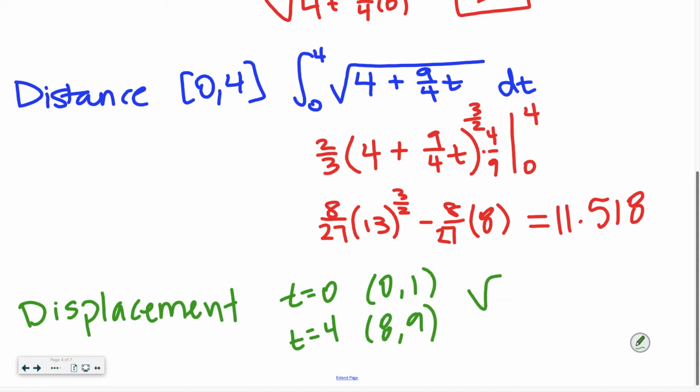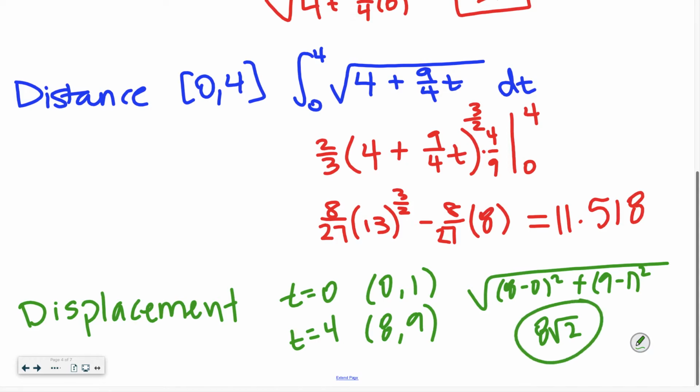So if I want the displacement, we're taking 8 minus 0 squared plus 9 minus 1 squared. If we plug 4 into 2t, we get 8. If we plug 4 into 1 plus t, then we get 9, since 8 plus 1 is 9.